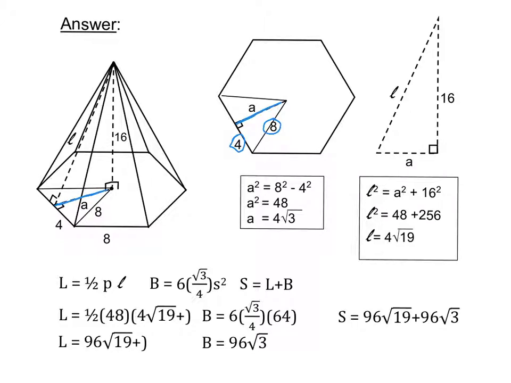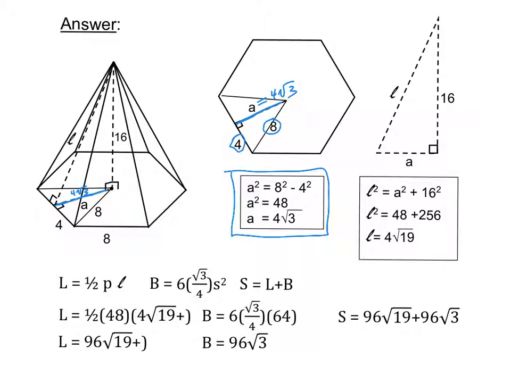So you can see in this box, if I do the Pythagorean theorem to find A, I find out that A equals 4 radical 3.